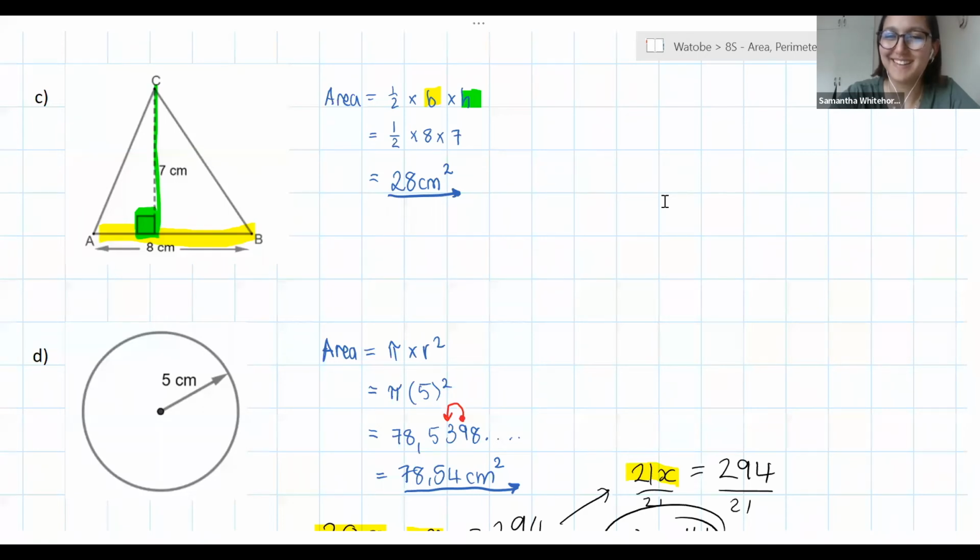Hello, ma'am. Hi. How are you? I'm all right. How are you? I'm fine. Good. So, ma'am, as for number D, I wanted to ask if it's a full circle, we have to use pi times r squared, and as for half circle, we have to use pi times d.